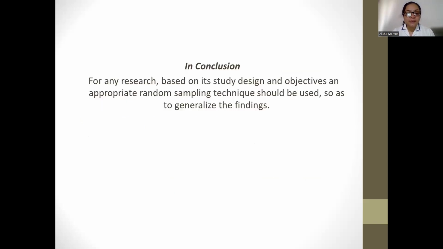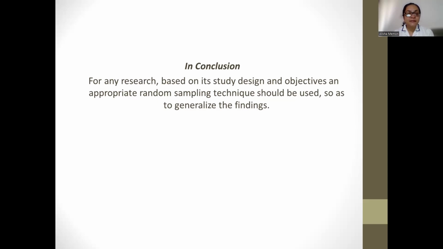So that's all about sampling. In conclusion, I would just like to say that for any research, based on study design and objectives, it is very important for us to find an appropriate sampling technique. To generalize the findings, like I told before, first we need to have a target population. From that target population, we need to define a sampling frame.